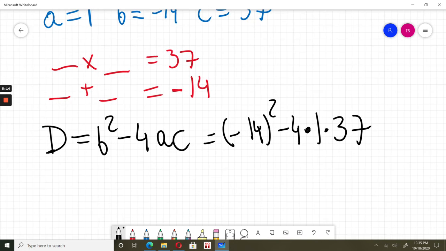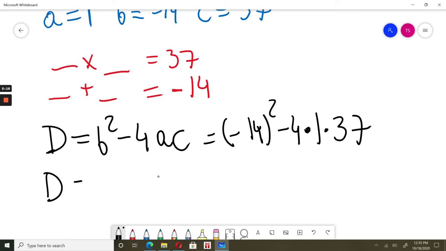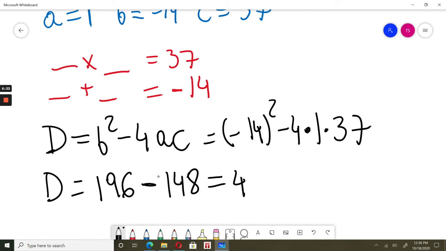So the discriminant: 14 squared is 196, minus 4 times 1 times 37, 4 times 30 is 120, 4 times 7 is 28, so 148. So that is equal to 48.